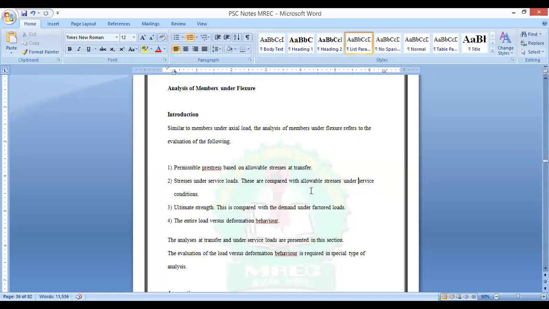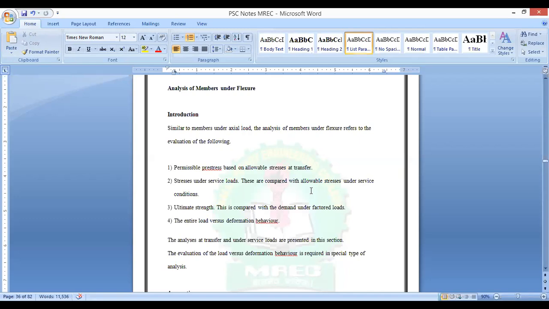And the next one is the entire load versus deformation behavior. That is also very important. Why? Because usually in an RCC member, when the member is subjected to load, it will deform, and there you can see the profile of bending. But in pre-stressed members, the deformation won't be in the downward direction. Deformation will be in the upward direction when you stress the member. When the member is subjected to load, under service condition, obviously your member will become straight instead of bending.